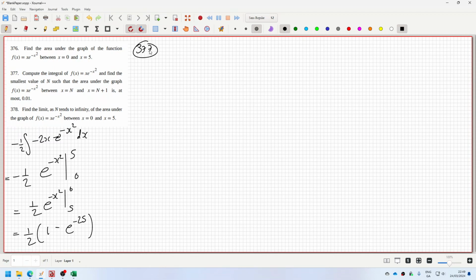377. So you want to find the smallest value of n such that that is at most 0.01. So we have a situation where we have a half e to the minus x squared, n to n plus 1 is at most 0.01.